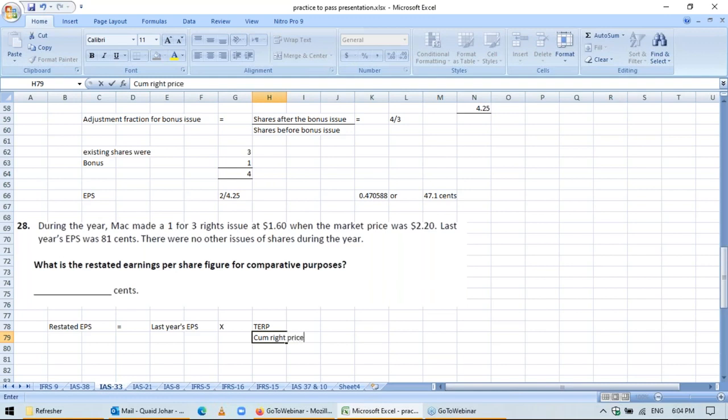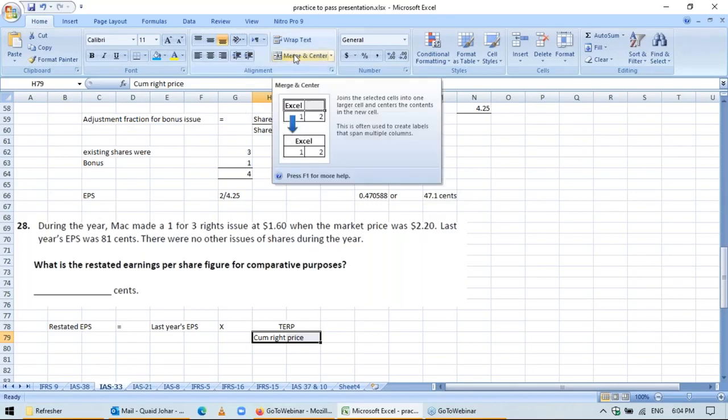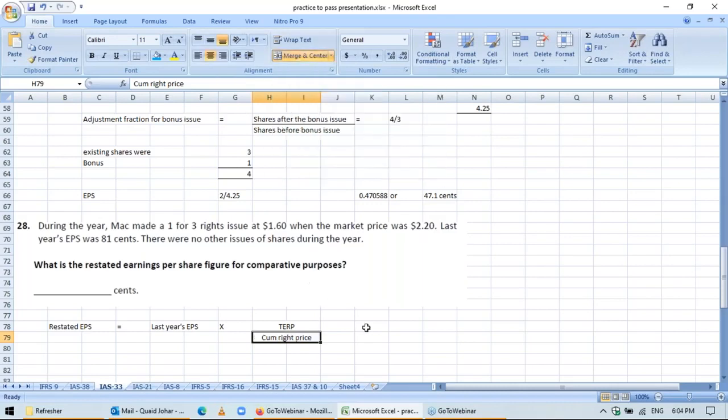Now this is the reverse of the normal adjustment fraction. If you remember the adjustment fraction, the theoretical ex-right price was in the denominator, but over here it is in the numerator. So you just have to calculate the same adjustment fraction, but put it upside down. Agreed?